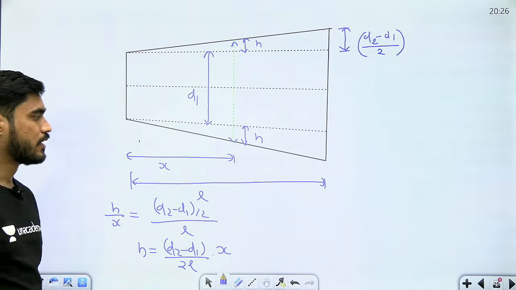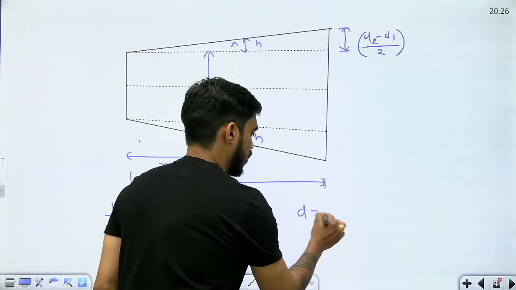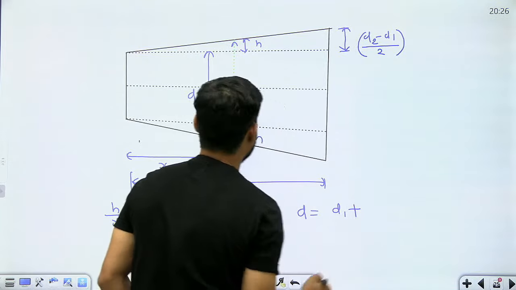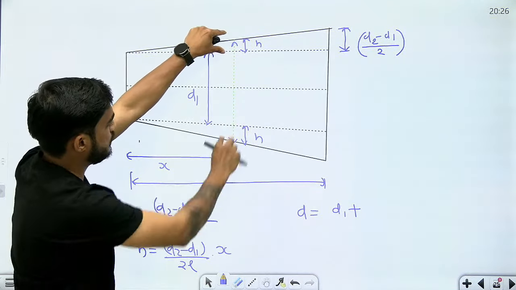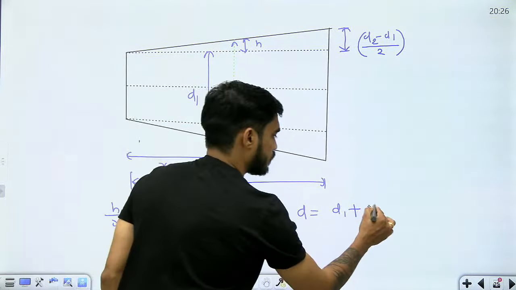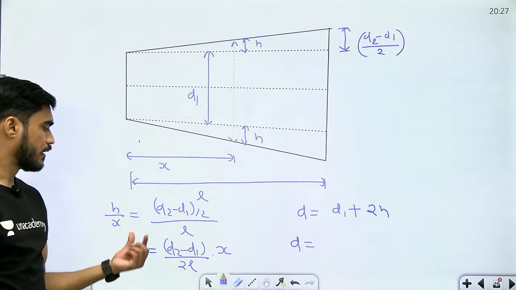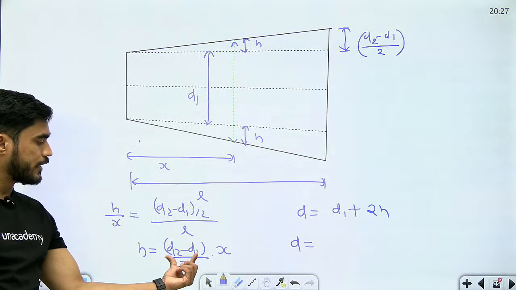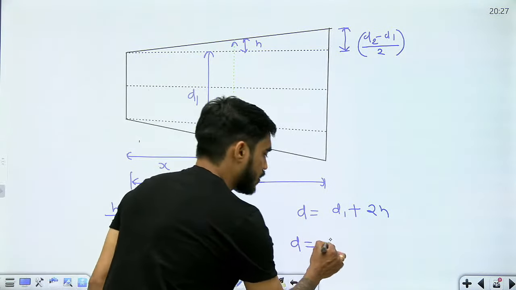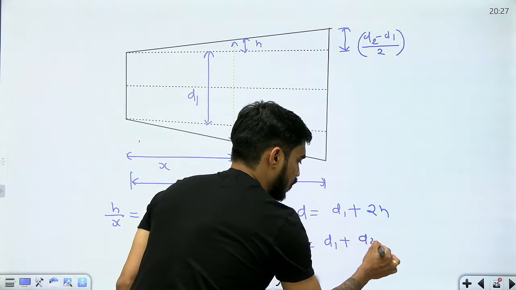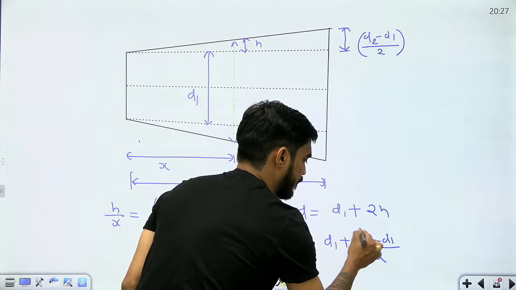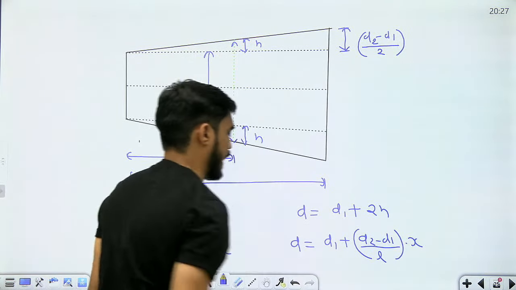This is h. So what will be d? d1 plus h plus h, that is 2h. So d will be equal to d1 plus 2 into h, meaning d1 plus d2 minus d1 by L into x, right?